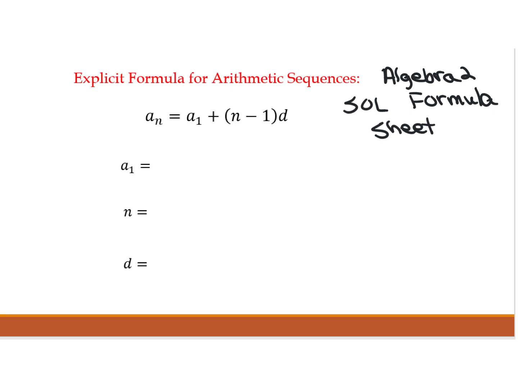The explicit formula for an arithmetic sequence is a sub n is equal to a sub 1 plus n minus 1 times d. Let's define the parts of this formula. A sub 1 is the first term.